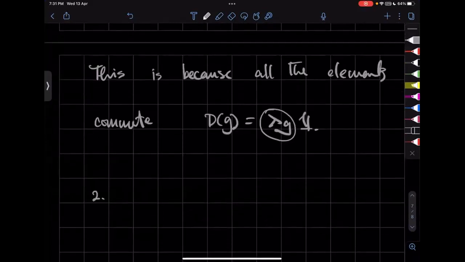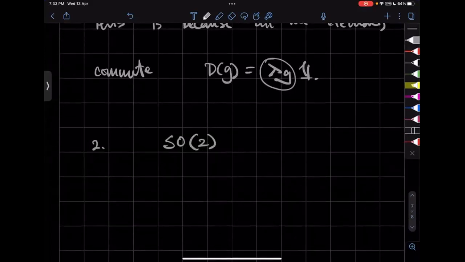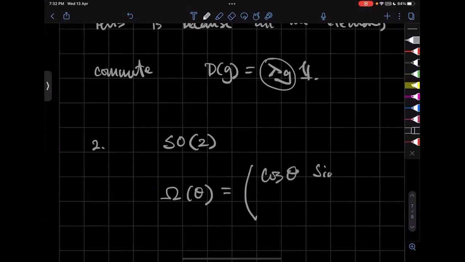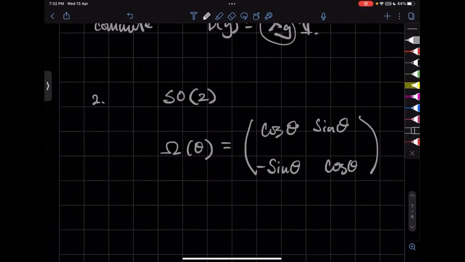And you might say, okay, how about SO(2)? SO(2) is obviously an abelian group, but we know that the irreducible representation of the matrices of SO(2) is not one-dimensional, it's two-dimensional. The caveat here is that these are not unitary representations.